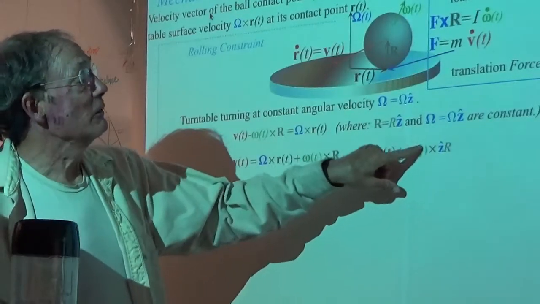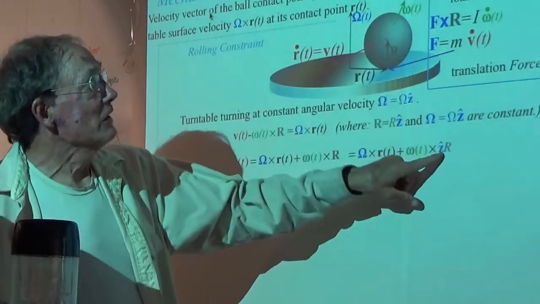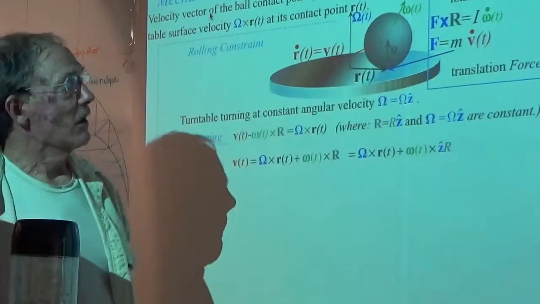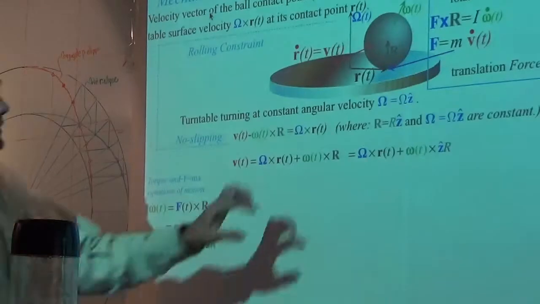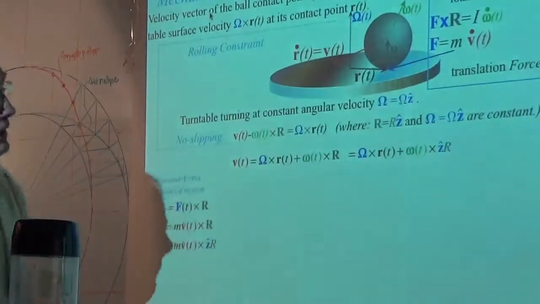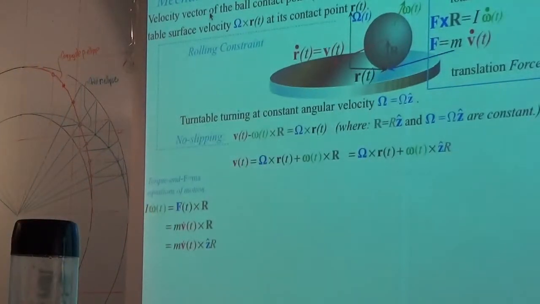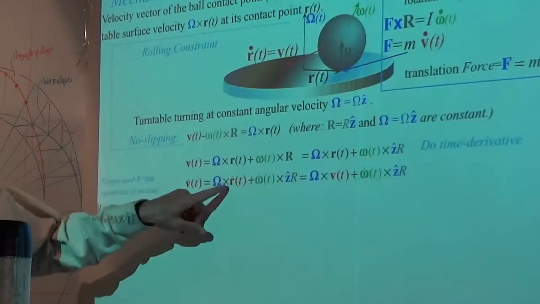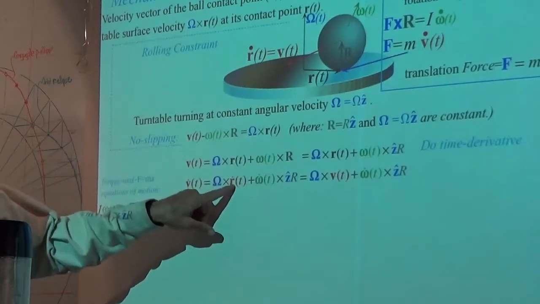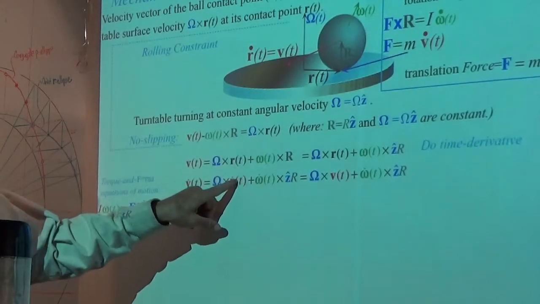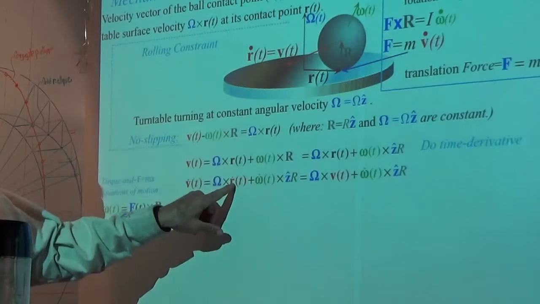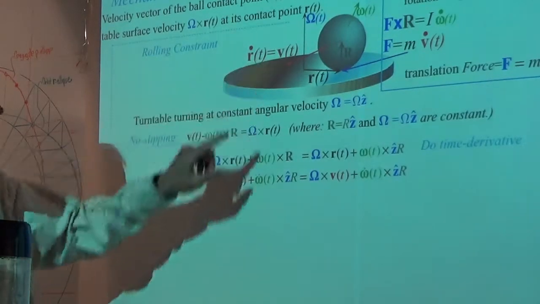But the variable omega cross that little unit distance times whatever that radius is, is the part we need to take into account. Now the dot of this is just, since this is constant, equal to the same thing with the dot, making a velocity of the position.